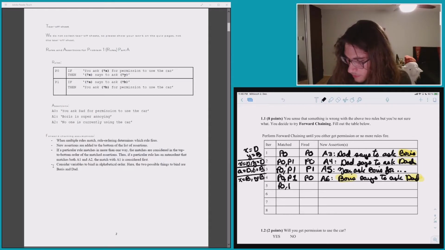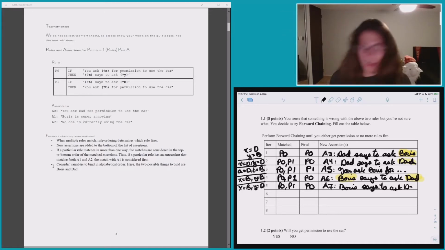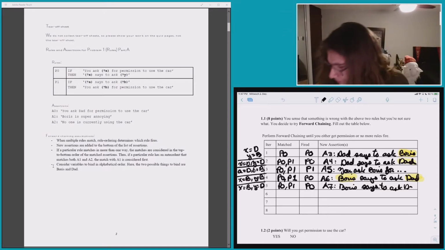And I'll highlight the 2 because this is what's novel in this situation. Now P0, P1, and we were going in alphabetical order, which means the other new assertion that can be produced is, let me keep the tally to make sure mistakes like the previous one don't happen again. So this is X equals Boris, Y equals dad. Boris says to ask, oops, I mixed up the steps.